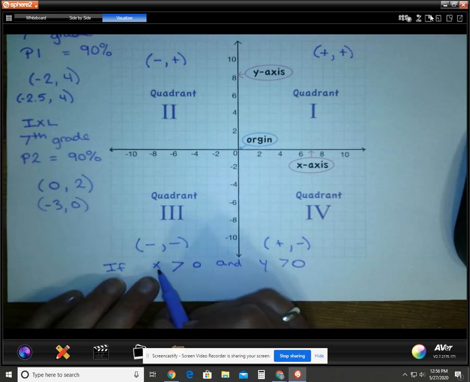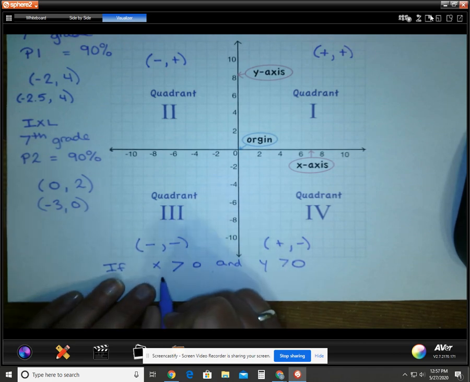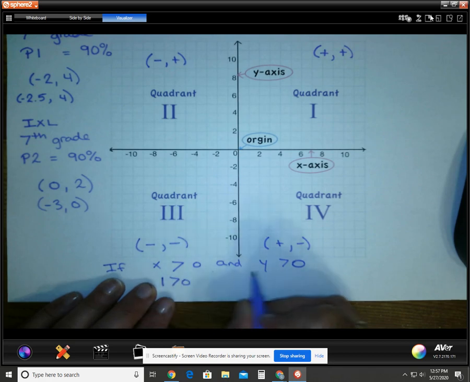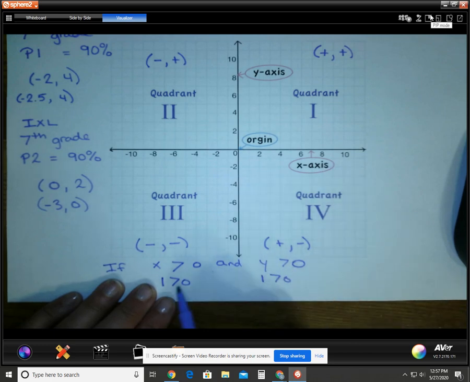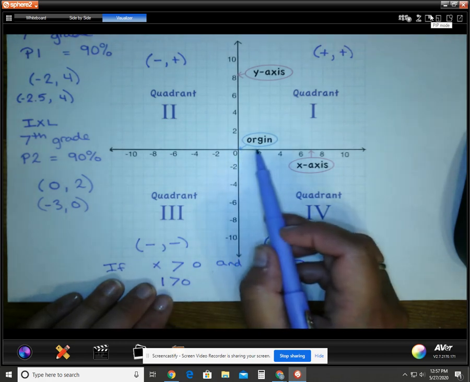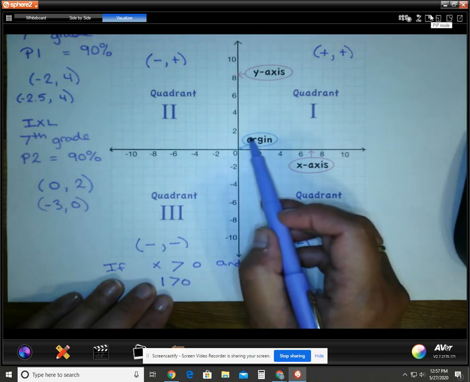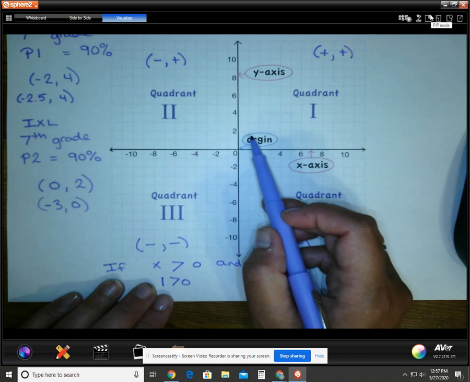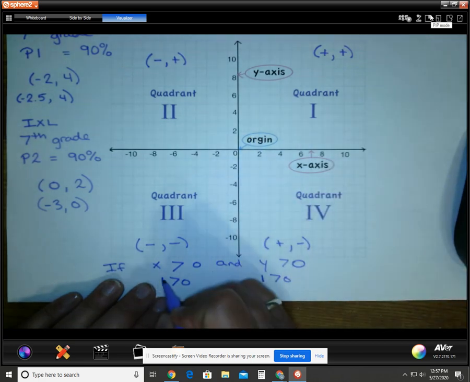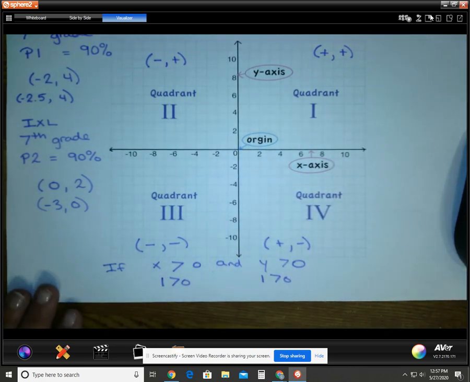So I'm just going to pick 1. 1 is greater than 0. And for y, I'm going to pick any number I want that is greater than 0. I'm going to say 1 again. 1 is greater than 0. Well, 1 is sitting right up here, so it has to be in quadrant 1. So you're just picking things to make that true, okay?